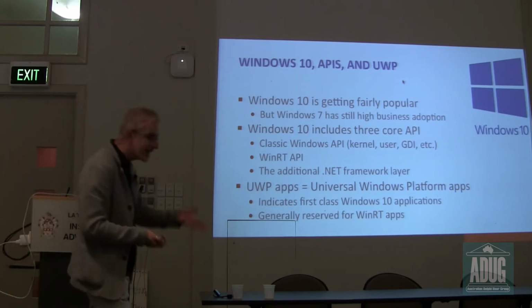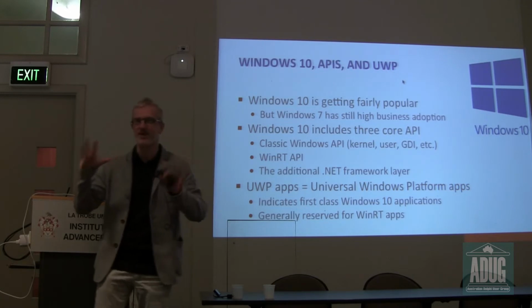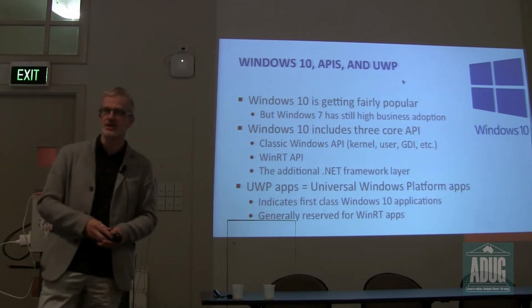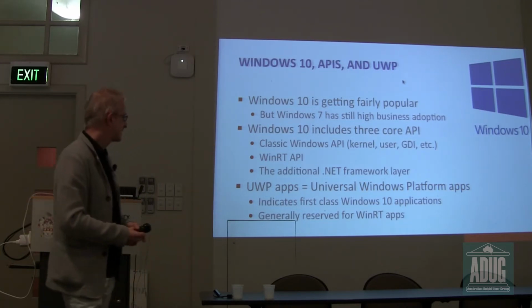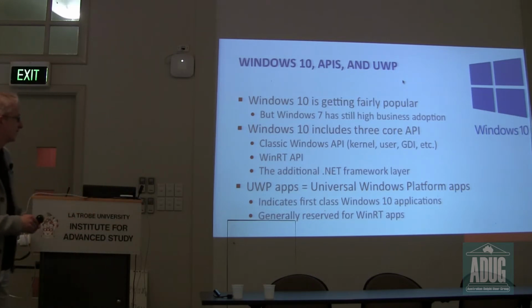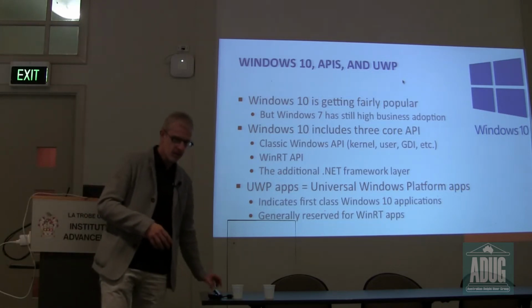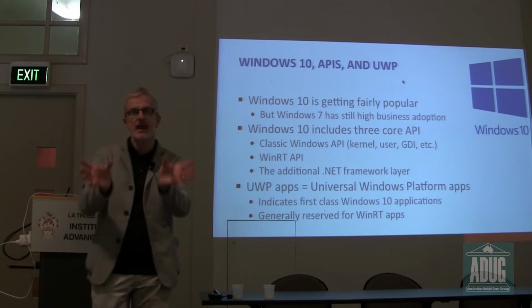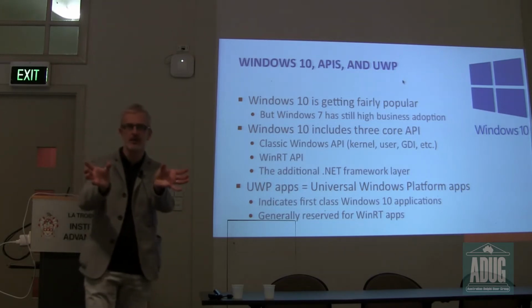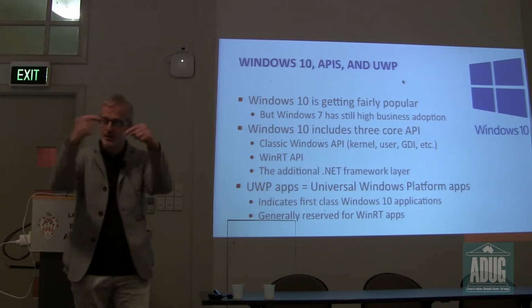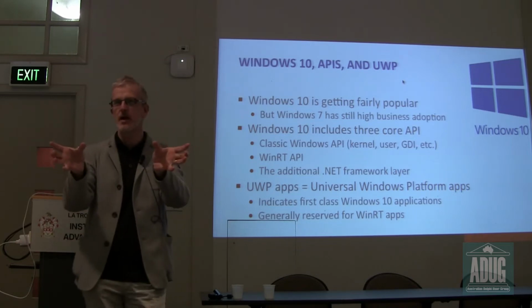And there is the WinRT API, the new world API that was introduced in Windows 8 and is now at the heart of Windows 10. The WinRT API is a separate stack compared to Win32. They're not mapped to each other.